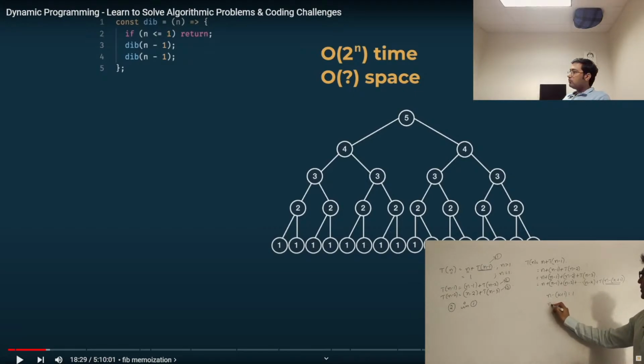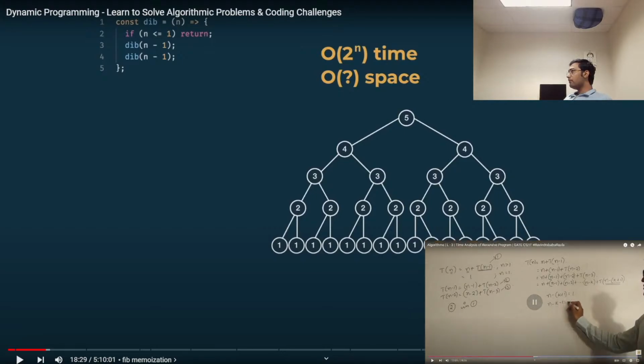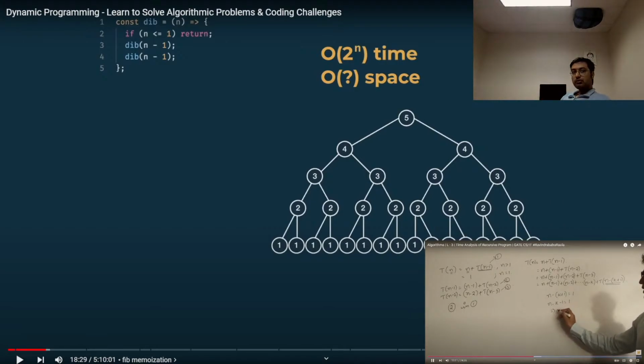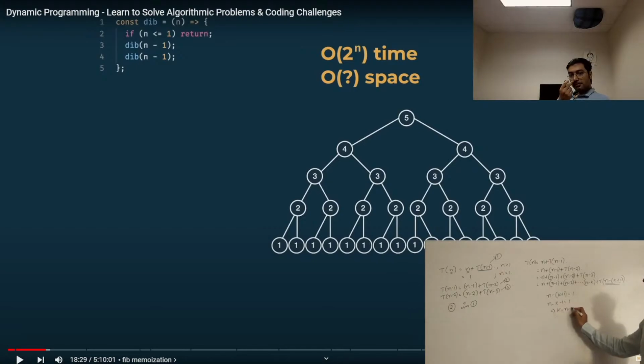Then n minus k minus 1 equal to 1, that implies k equal to n minus 2.